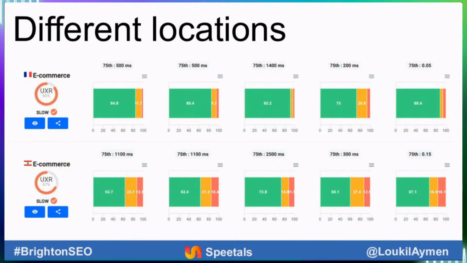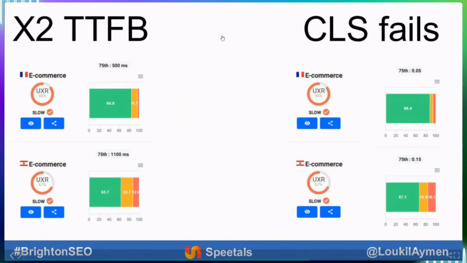But let's zoom in on the Lebanese people's experience for this same website, right? So here we have a different story. We are moving from 500 milliseconds at the 75th percentile of TTFB to 1.1 seconds. We are just doubling the time to first byte for Lebanon-based users. But also we move from a perfect CLS to a failed one.